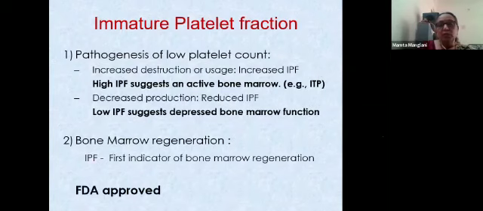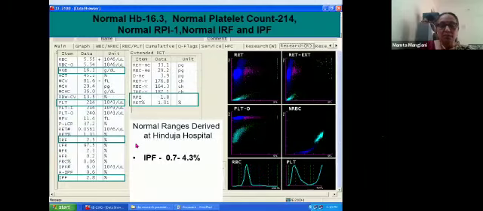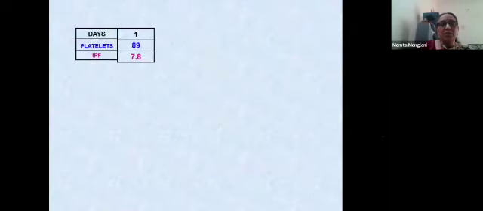So again, I'm going to show you Hinduja's counter, which is showing an IPF normal range derived to be 0.7 to 4.3. Now this is one of the patients in whom they followed the IPF. This was a case of dengue.